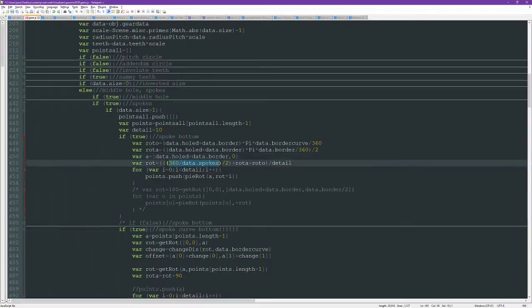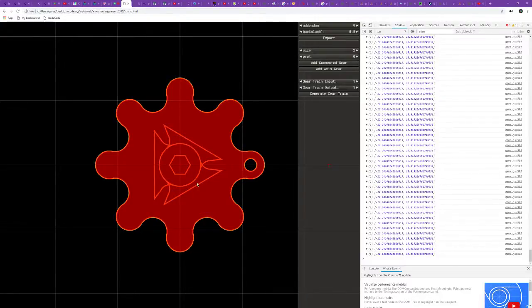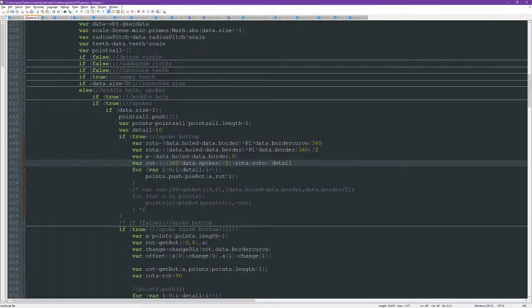That would then be 1/3 of a circle divided by 2 minus the radius of the thing, and also minus the thickness of the thing I want to put there. So one of them should be the border thickness, the other one is the curve.